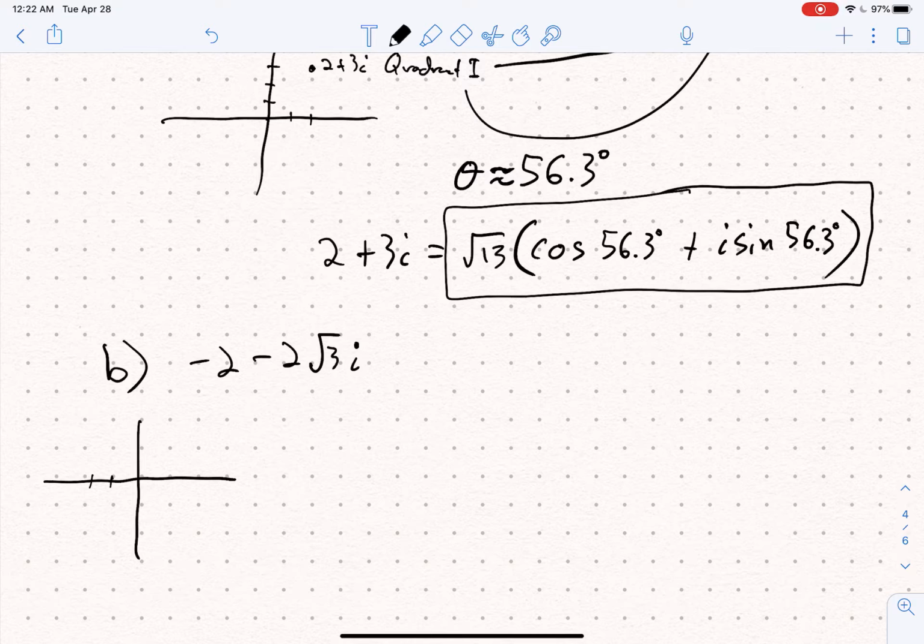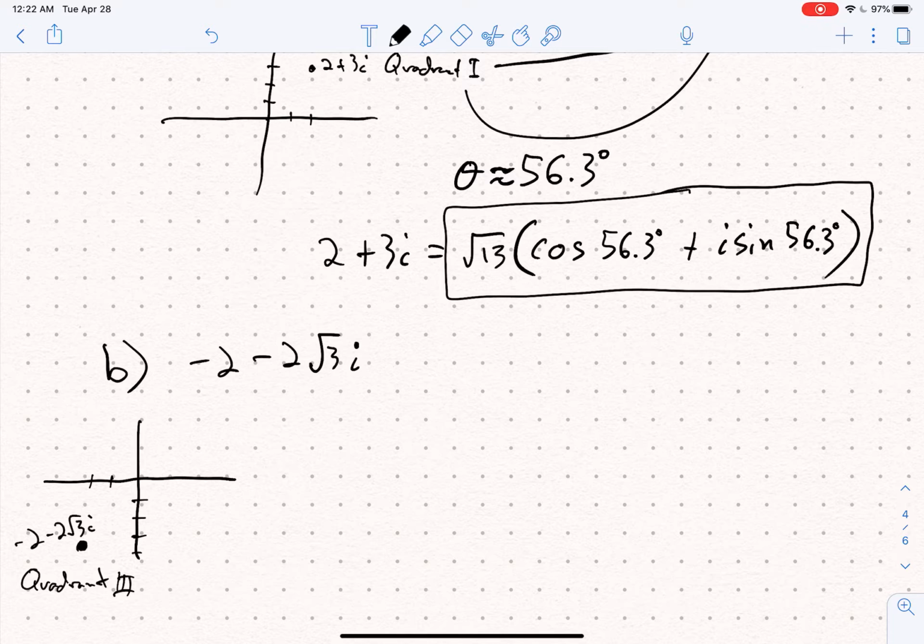I don't know. You could use a calculator to find it, but it's certainly negative, and that's our y-coordinate, probably around negative 3 or 4, something like that. I don't care too much about precision. I'm just using this to get an idea of what quadrant this is in. It's in quadrant 3. This is our point here, minus 2 radical 3 i. Okay. So that's just a good observation.